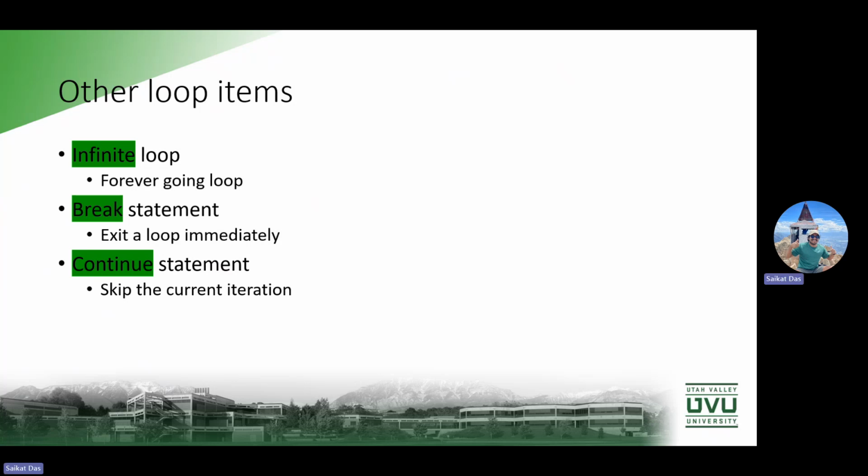That means whenever there's an even number, you'll skip it, like continue to the next iteration, so that you have an odd number. So those two are very important. To avoid infinite loop, definitely you need to use the break statement. And sometimes you need to skip the current iteration to the next iteration, then continue is a very powerful tool here.